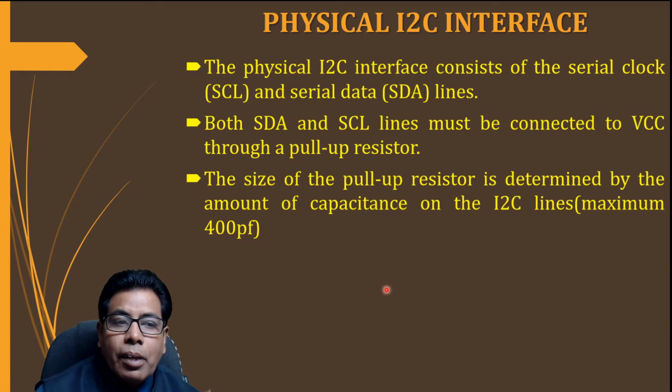The maximum capacitance allowed is 400 picofarad. So as long as the total capacitance is less than 400 picofarad, accordingly we'll have to calculate the pull-up resistors so that it does not exceed.